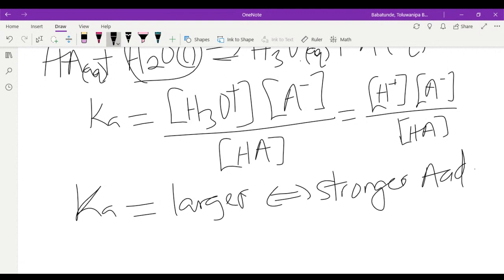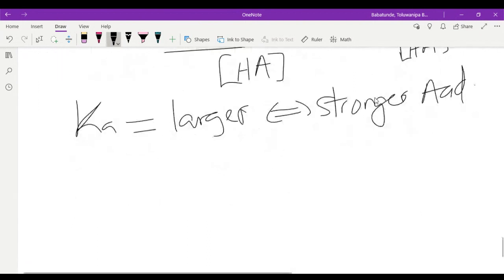So with this statement, if you are given various Ka values for different acids, you can distinguish which acid is going to be stronger and which is going to be a weak acid.